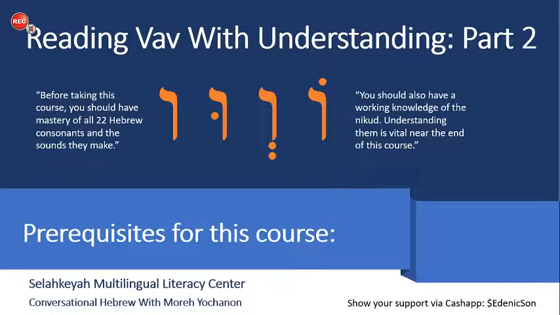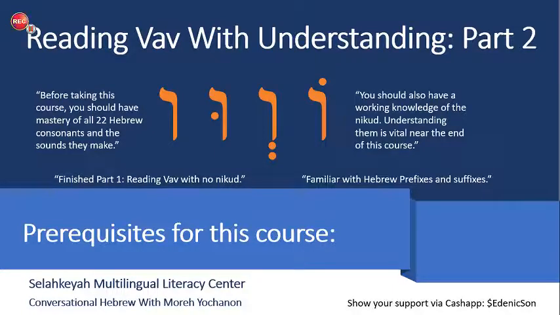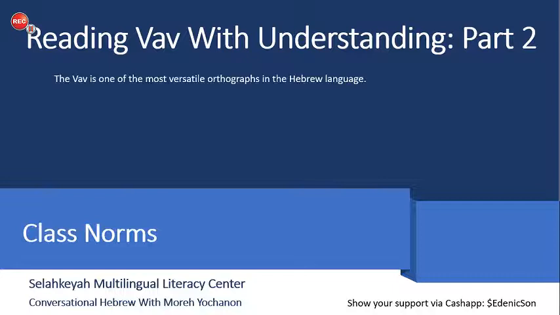Understanding them is vital near the end of the course, and that's what we're going toward today, reading the Hebrew text with the Nikud. Also, you should have finished part 1 of this lesson series. And lastly, you should be familiar with the Hebrew prefixes and suffixes, because we're going to go through that as well today. Okay? Some class norms.